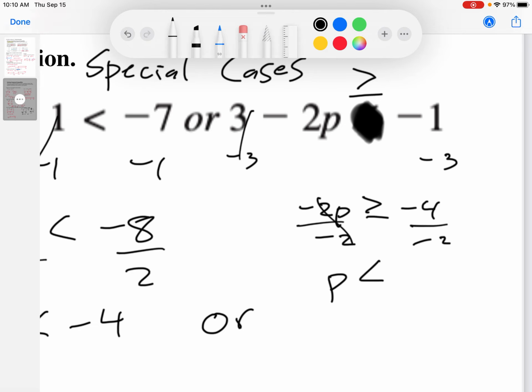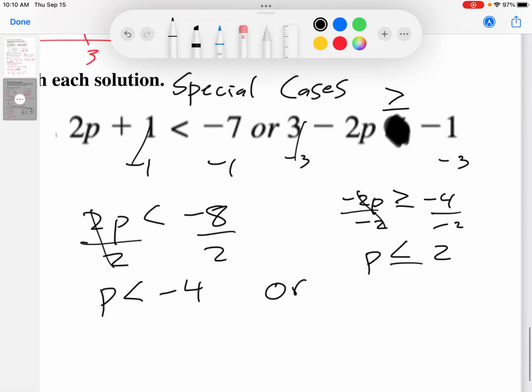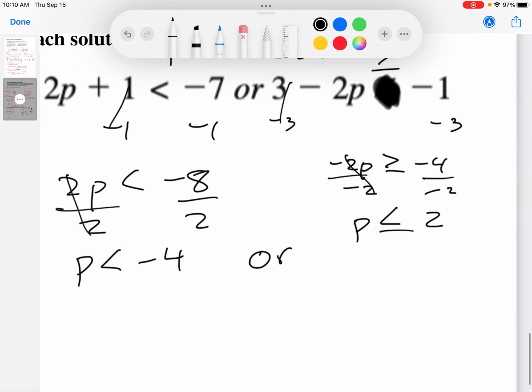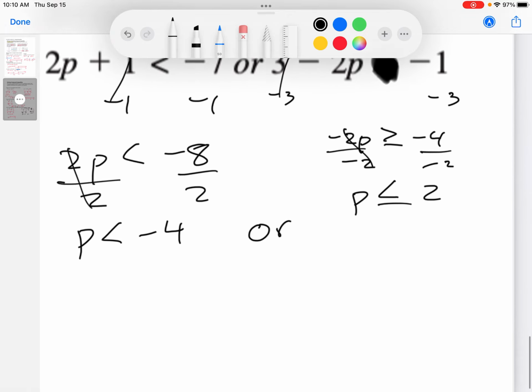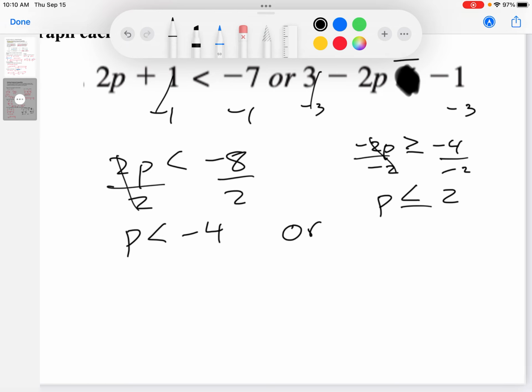But when you divide by -2, that's going to flip the sign. And so this is going to say p is less than or equal to 2. And so this is going to end up being kind of a weird problem because, as you can see, the inequality symbols are both facing to the left, both facing the same way. So let's see how this turns out when we go to graph it.